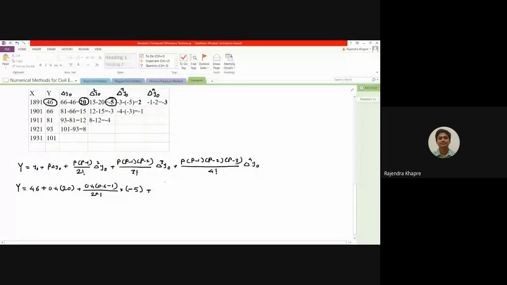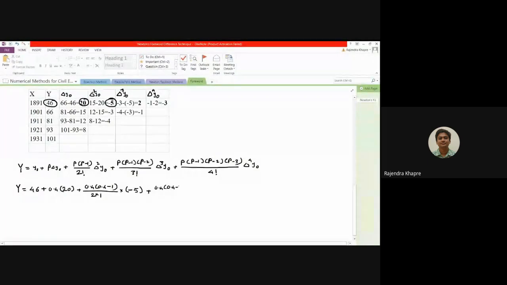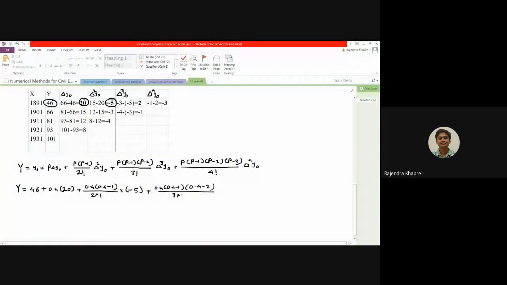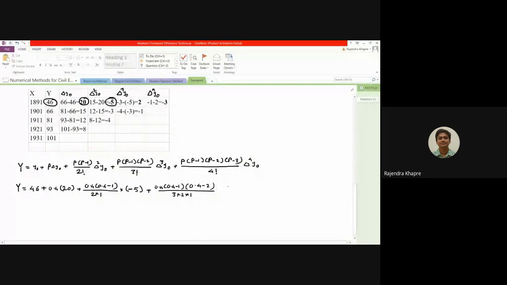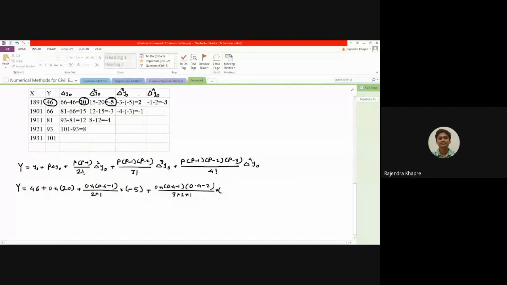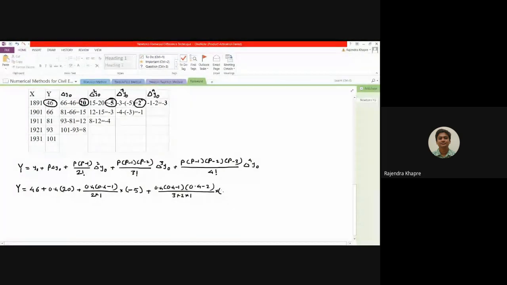Okay, then the third one, that is 0.4 into 0.4 minus 1 into 0.4 minus 2 divided by 3 factorial, so this is 3 into 2 into 1, into delta to the power 3 y0. So delta to the power 3 y0 is this value, that is 2.